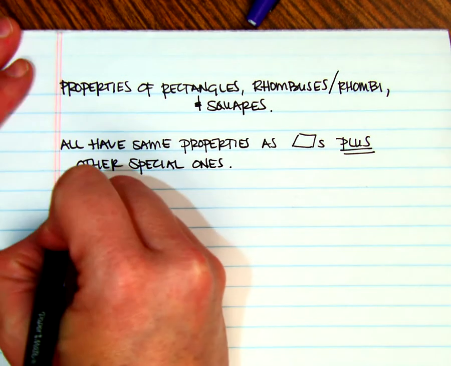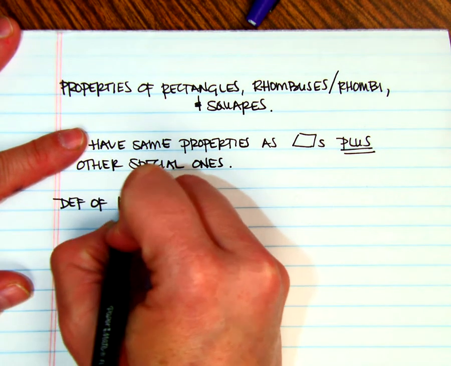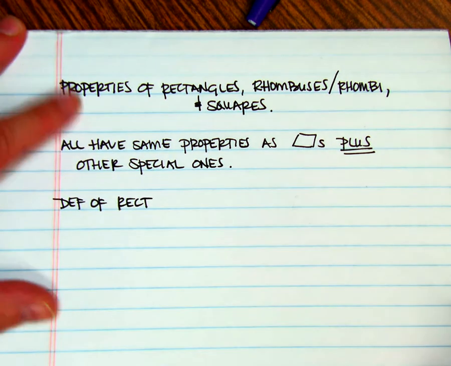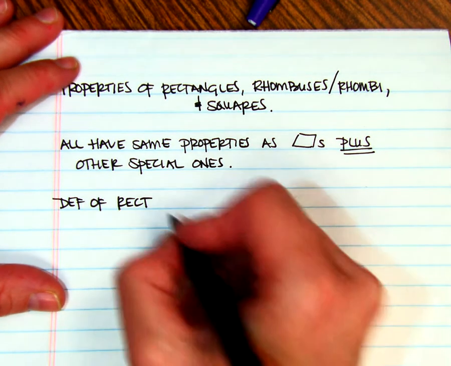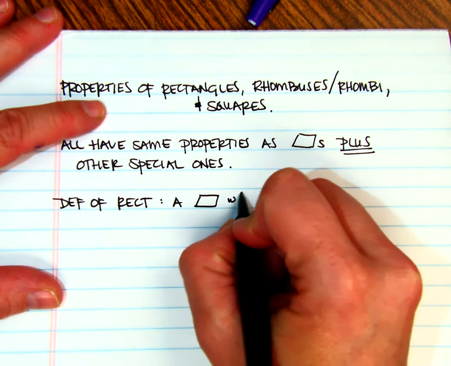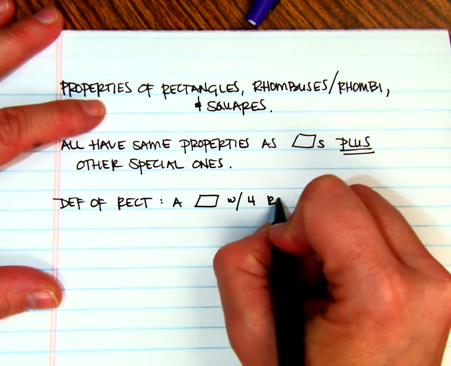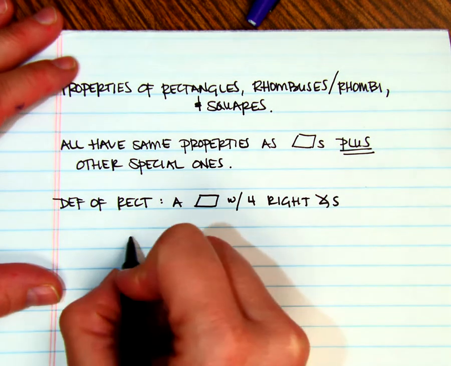Okay, so the definition of a rectangle, so I'm going to abbreviate it, RECT. The definition of a rectangle, it is a parallelogram with 4 right angles.